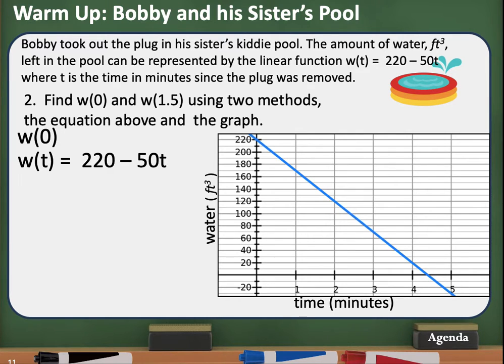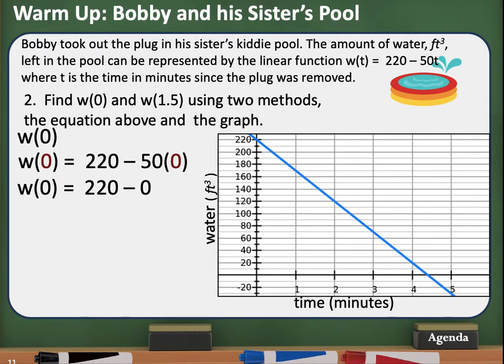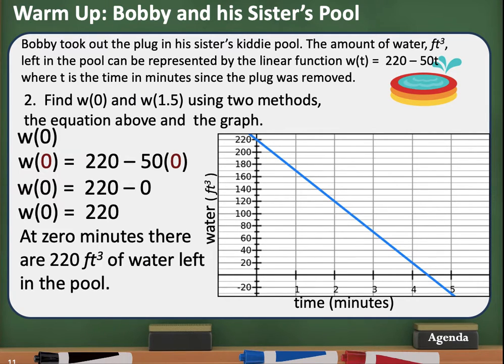So here's our function. Put 0 in for our input. Then you just do the math, do the rule. 50 times 0 is 0. W of 0 equals 220. That means at 0 minutes, there are 220 feet cubed of water left in the pool. That makes sense because at time 0, he hasn't pulled the plug out yet.